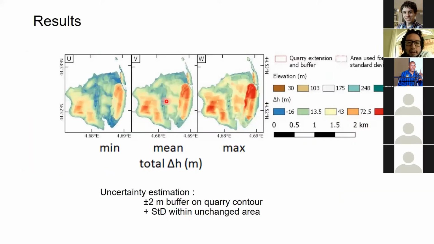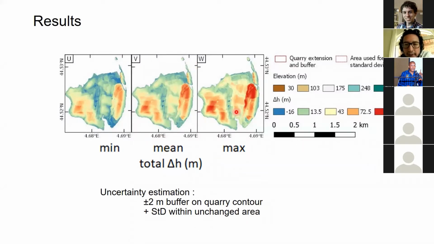Here is the final product by Jérémy. What he's showing here is basically an estimate also of the uncertainty. So this is the total volume or total elevation change.